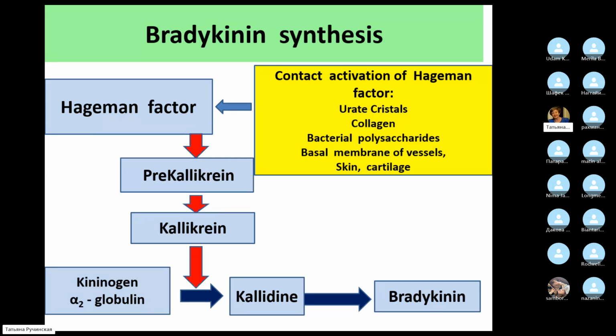It is an inactive enzyme which is in blood too. After this contact, this inactive enzyme turns into an active one, kallikrein, an active enzyme. And this active enzyme influences the alpha-2 globulin.